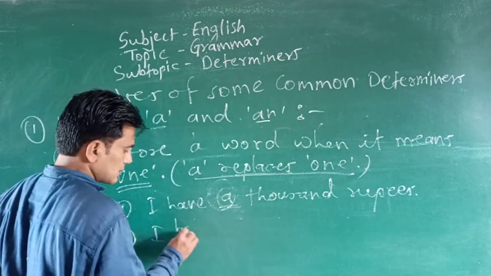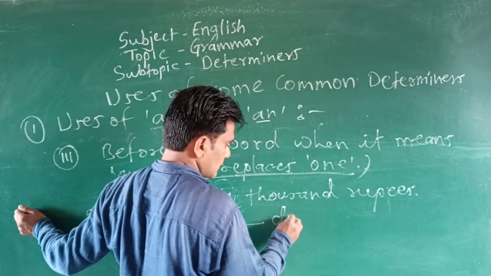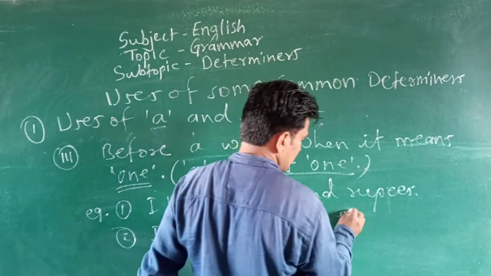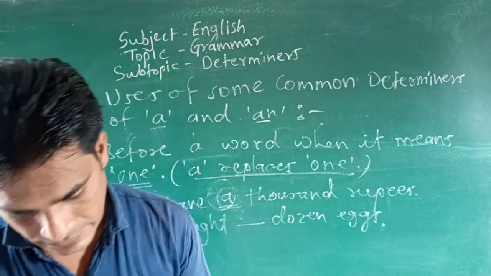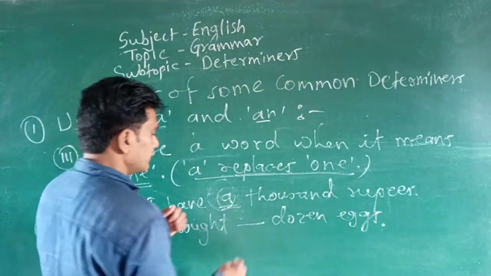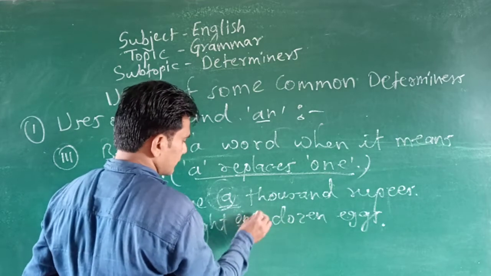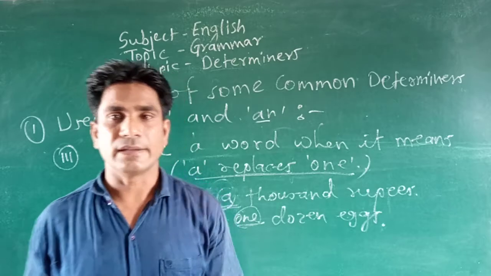Then let's see another example: I bought a dozen eggs. Here again we can say one.